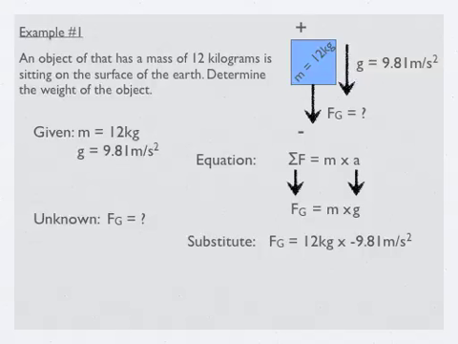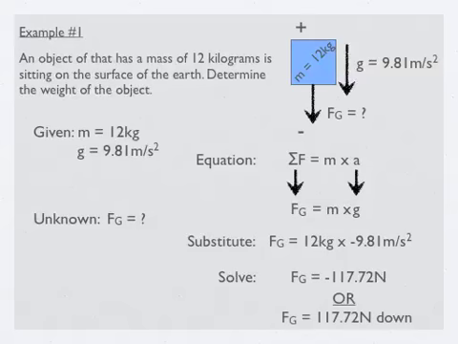Remember that acceleration is a vector, so it must have both a size and a direction. From there, we just solve by multiplying the two, and we end up with negative 117.72 newtons. Now, that's one way to express our answer. The other way, if you don't want to have the negative in there, is to have 117.72 newtons moving downward.